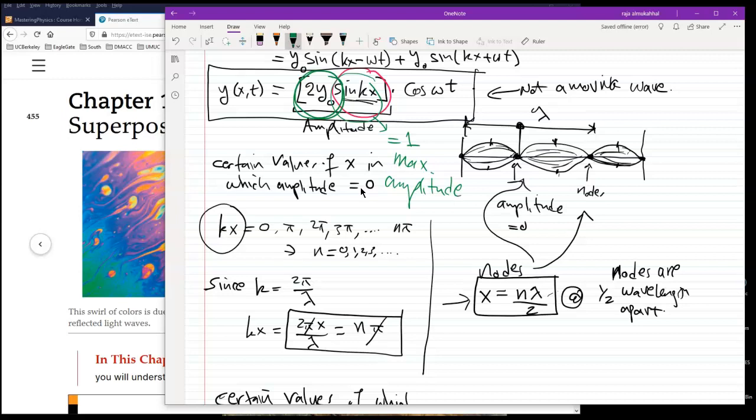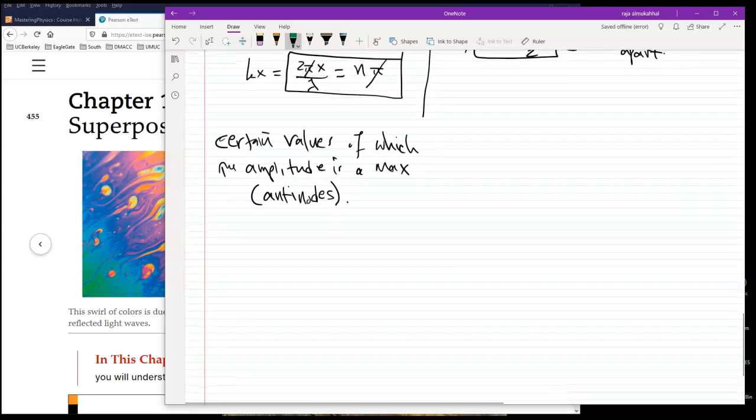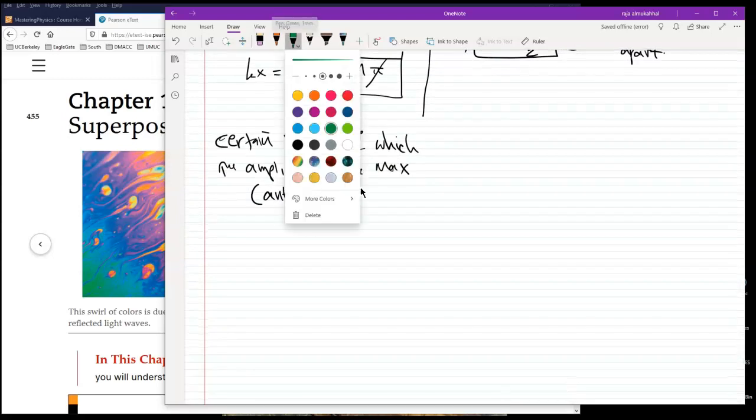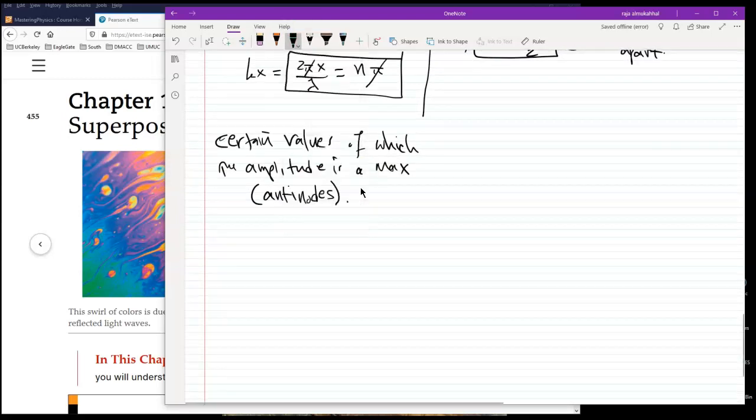Makes sense? So what I want to do now is find what values of kx will make the sine equal to 1. You got it?